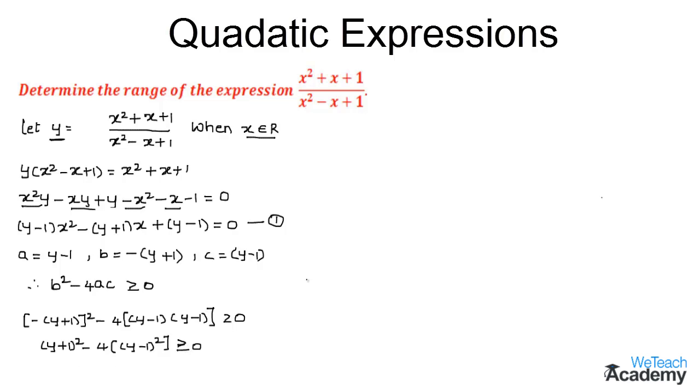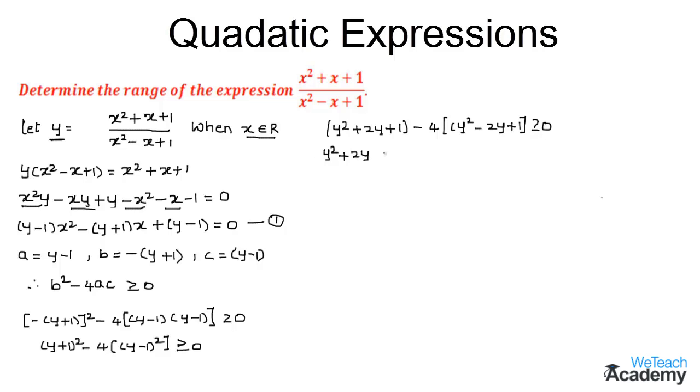So let us write (y plus 1) whole square using the formula (a plus b) whole square. So we get y square plus 2y plus 1 minus 4 into, again by using the formula (a minus b) whole square, we get (y minus 1) whole square as y square minus 2y plus 1, greater than or equal to 0.